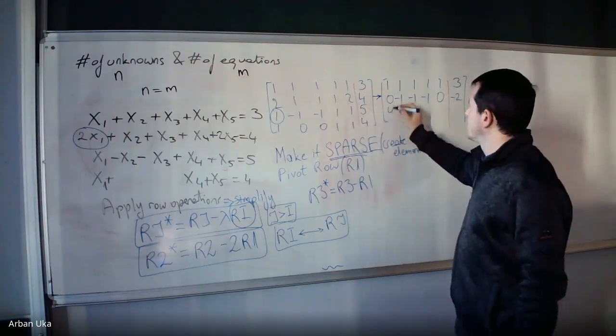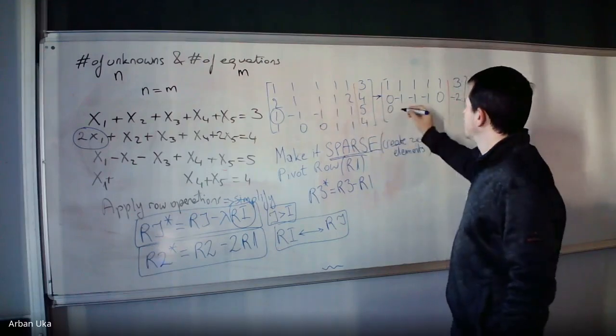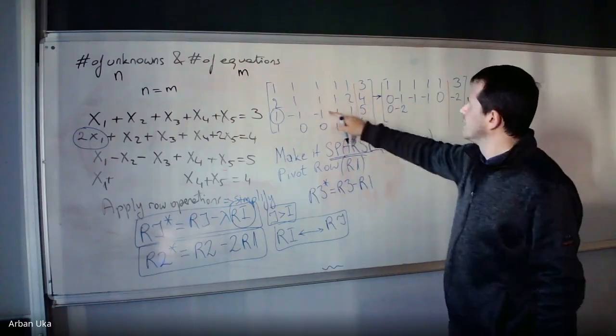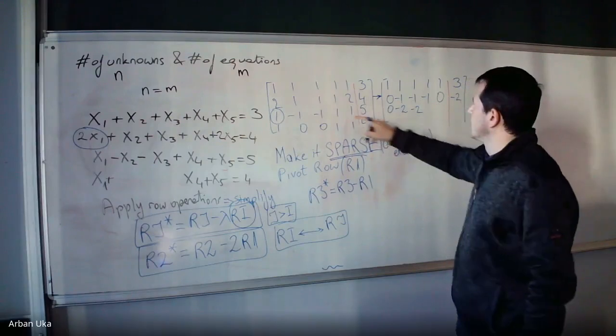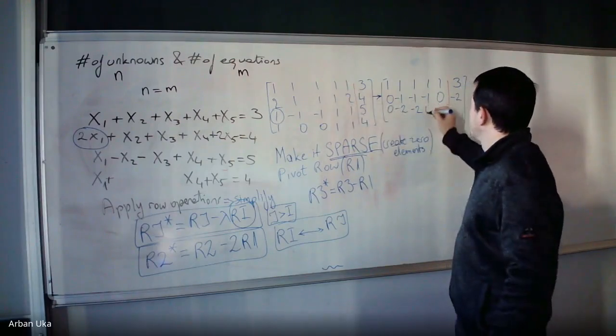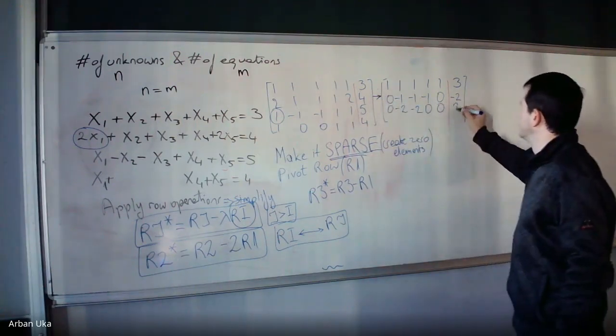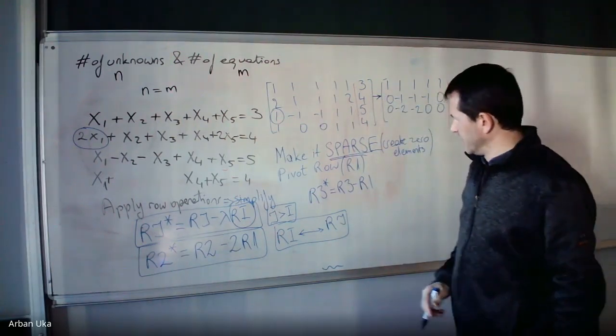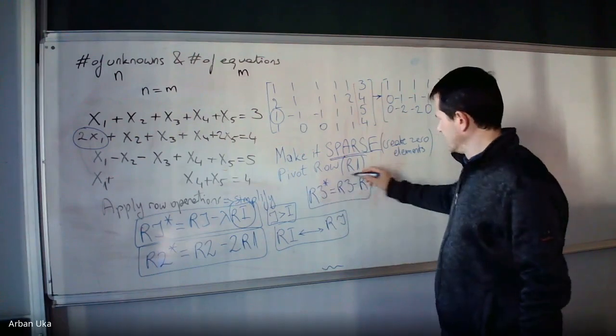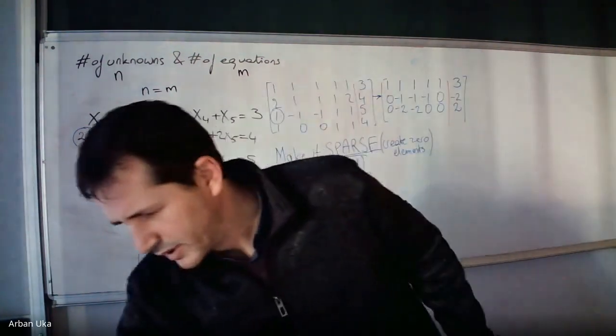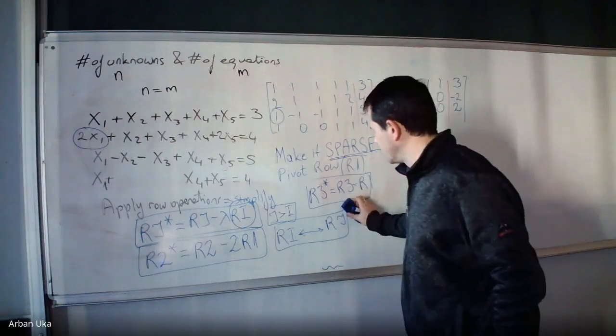We get 1 minus 1, 0; minus 1 minus 1, minus 2; minus 1 minus 1, minus 2; 1 minus 1, 0; 1 minus 1, 0; 5 minus 3, 2. So we did this equation using row 1 as a pivot.